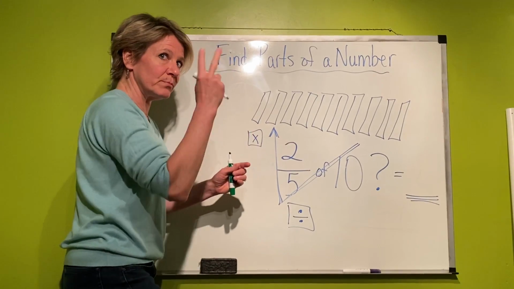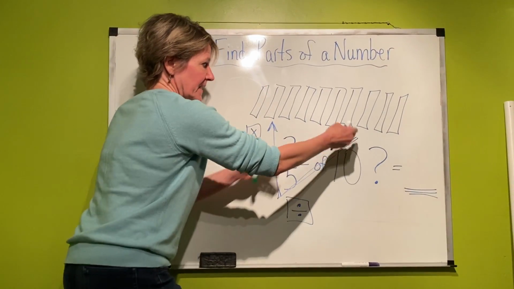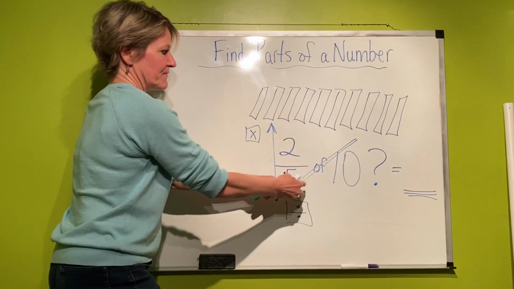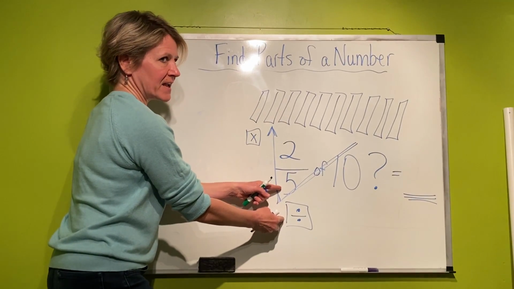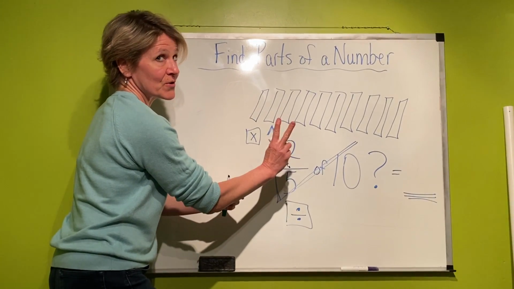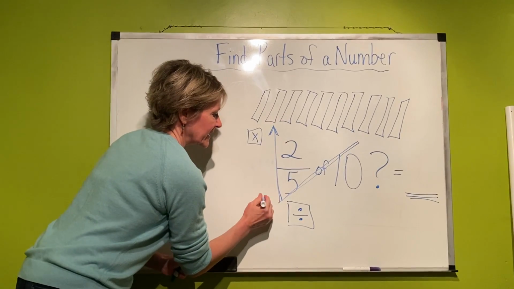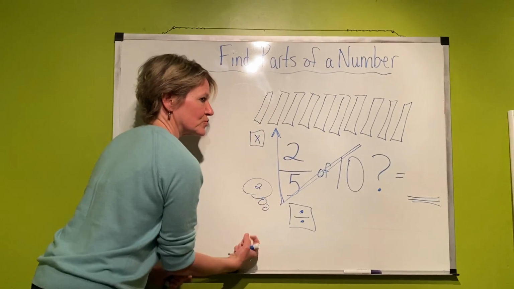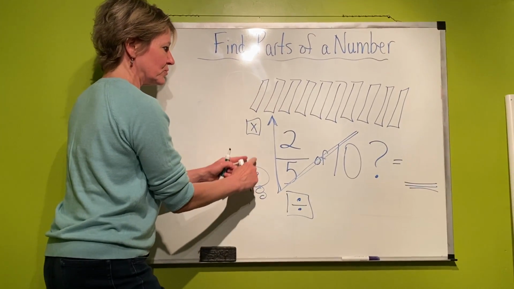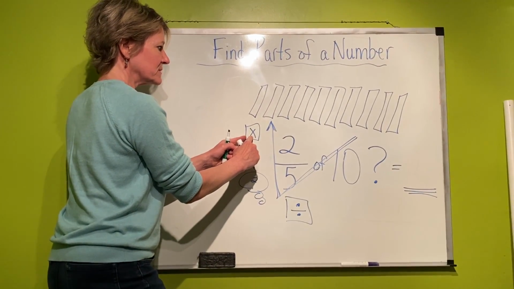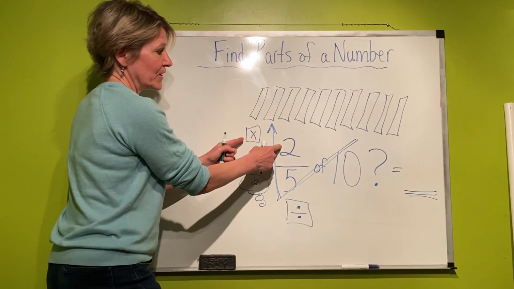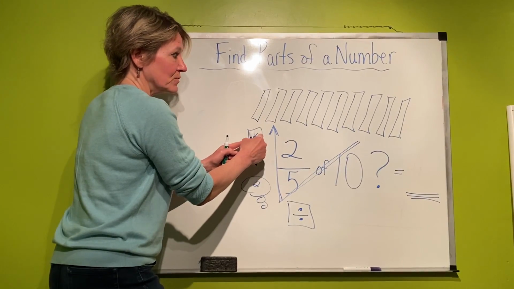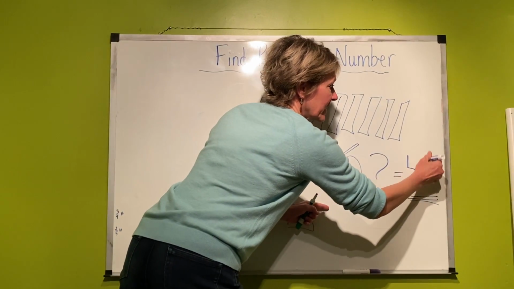So it's like 2 math problems. Watch this. 10 divided by 5. So I'm thinking of 2. And then I'm going to zag or go straight up and multiply 2 times 2. 2 times 2 is 4.